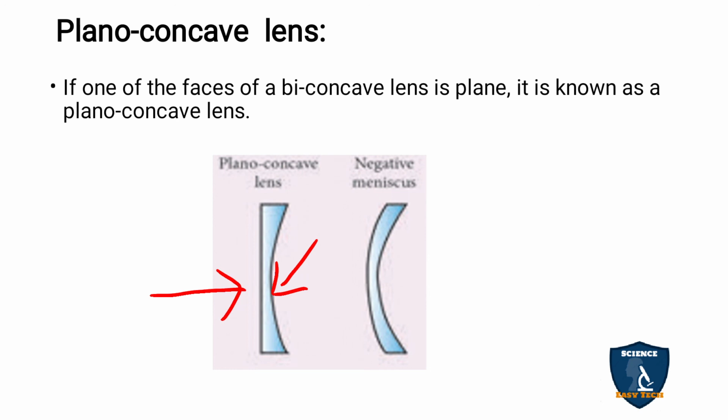Negative means the surface is curved inside. In convex, it is positive because the spherical surface is outside. But in negative meniscus, the spherical surface is facing inside, so it is known as negative meniscus.